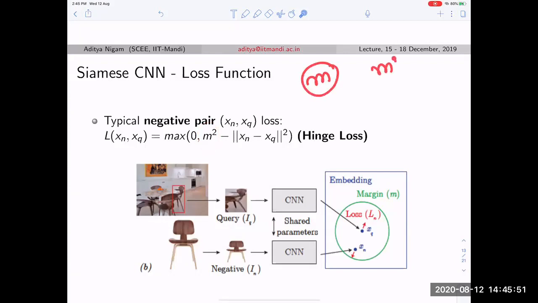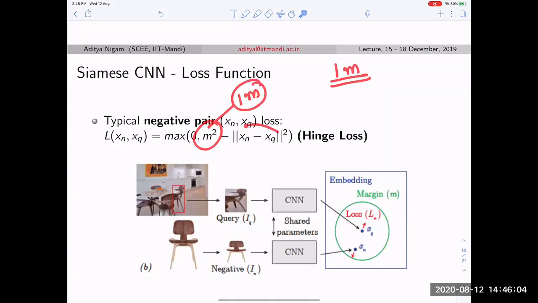M is the distance which you will have to maintain. Right now, in social distancing, suppose you have to maintain 1 meter distance. So here also, if your value m is 1 meter, then if these 2 points are within that, you are going to get a loss. If these 2 points are far from that, then you get no loss.